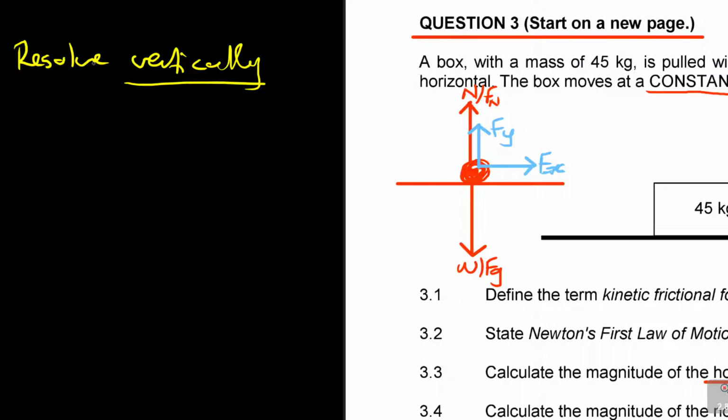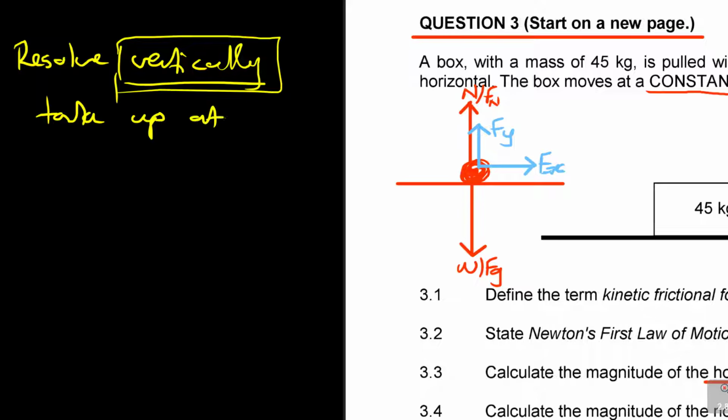I'm saying look at all the vertical forces, and if you're looking at the vertical forces, you can say take up as positive. If we're taking up as positive, what do you see? I'm seeing the normal force plus the Fy minus the weight is equal to 0, because this object is not going up. Remember, it is being pulled horizontal, it's not flying, it's not moving in the air, so it's equal to 0.